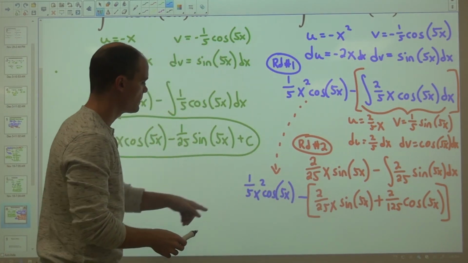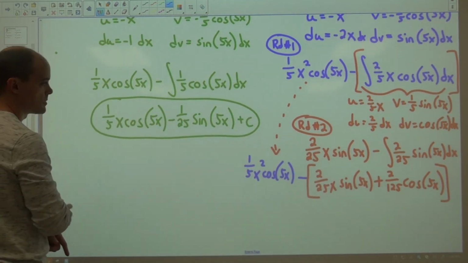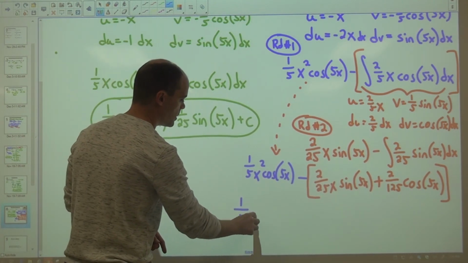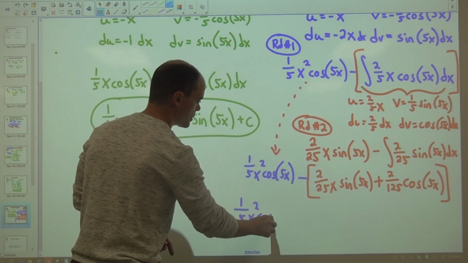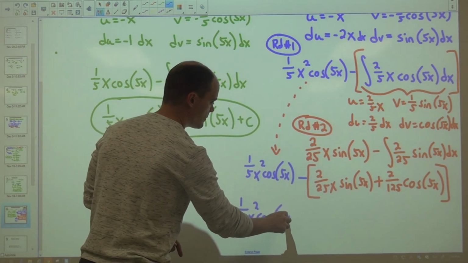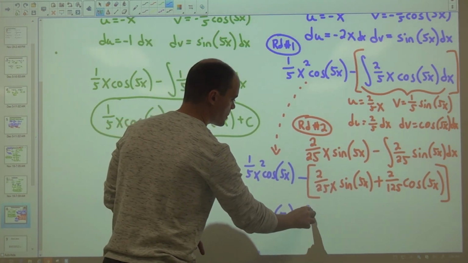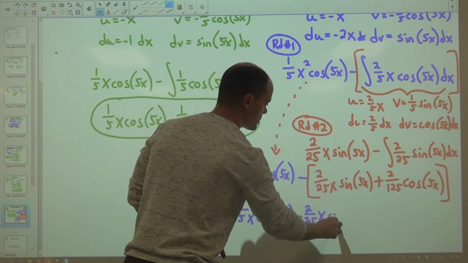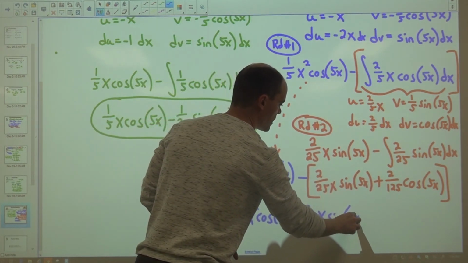Let's just be very careful with our signs. So as I write this out, once again we are recopying x squared cosine 5x. This will now be minus 2/25 x sine of 5x.